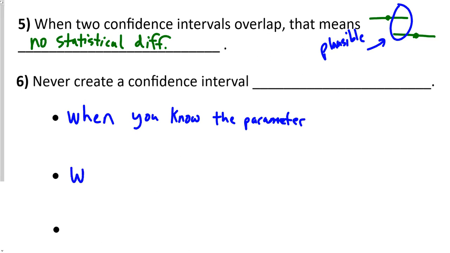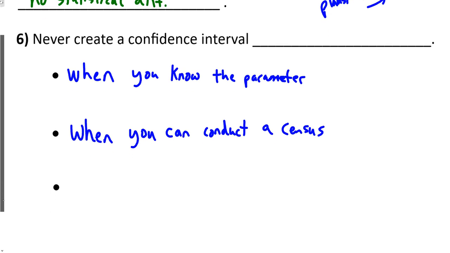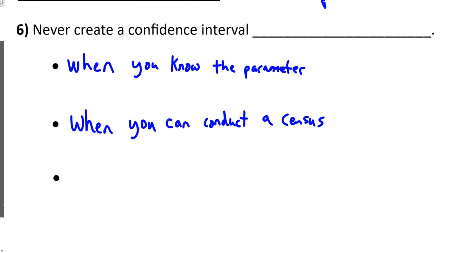Point B, when you can find the parameter by conducting a census. Because if your population size is small enough to conduct the census, do it. Get the actual parameter. That's the best value we have.